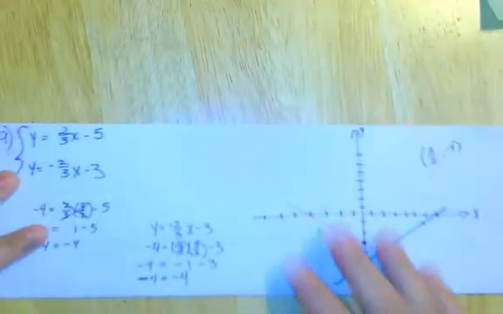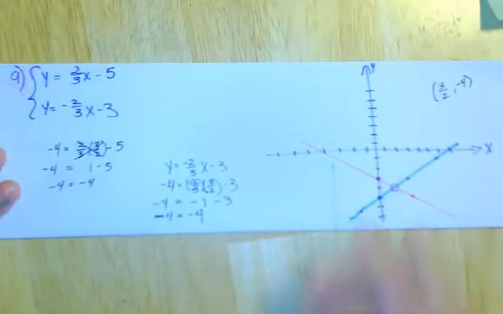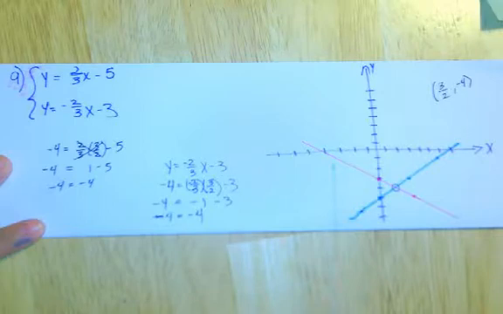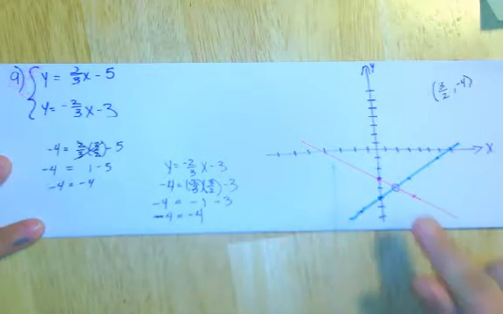That was number 7. Number 9. When you do number 9, your system of equations will be y equals 2/3 x minus 5 and y equals -2/3 x minus 3.